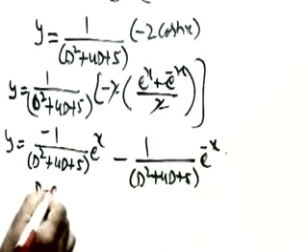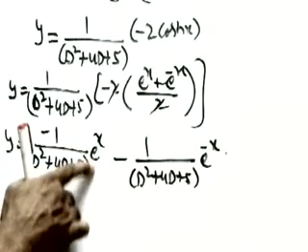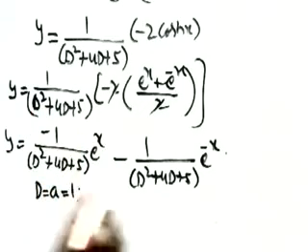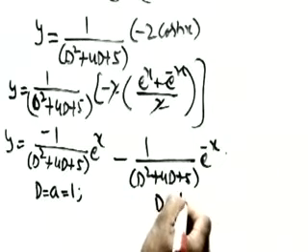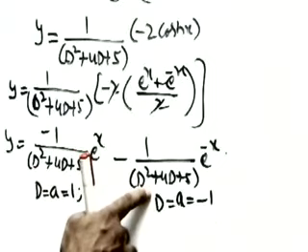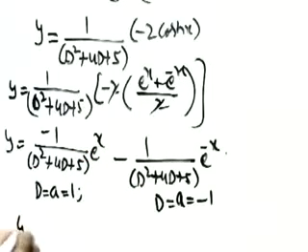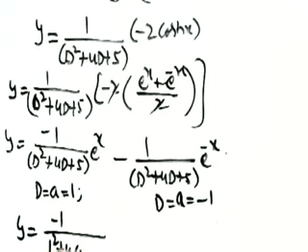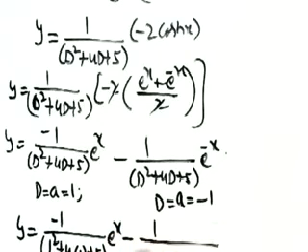Now we know the formula, D equals to a, we have to substitute in place of a, e power ax, a is 1 here. Now here D equals to a is minus 1 here, so let me substitute D here 1 and here minus 1. Okay, so y equals to minus 1 divided by 1 square plus 4 into 1 plus 5 e power x, minus 1 divided by minus 1 square plus 4 into minus 1 plus 5 e power minus x.